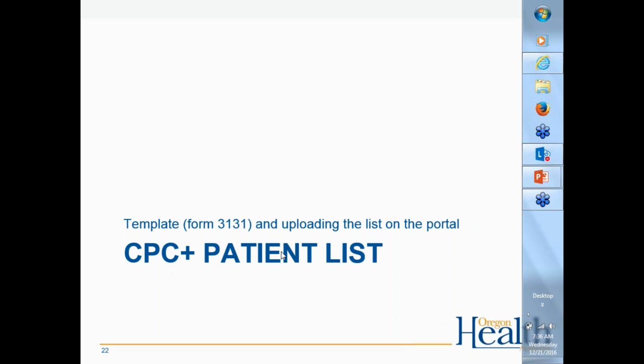How would that work? For those two different CPC Plus selected clinics at the same location but different suites within the building, each of the individual suites would enroll as a Medicaid provider and have their own Medicaid ID to upload a patient list and receive per member per month payments.